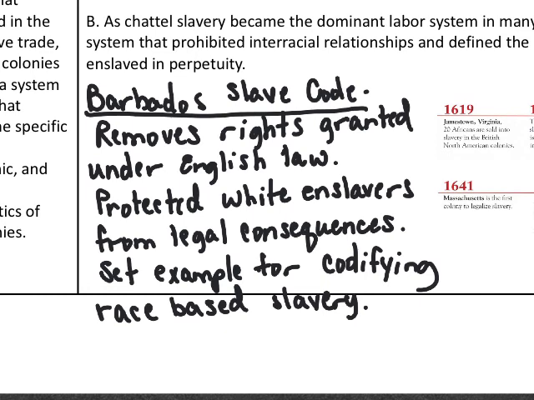So any English citizen had rights under the English Bill of Rights. And the Barbados Slave Code removed rights of Africans under English law and further protected white enslavers from legal consequences of rape, of murder, of torture, of assault. And it sets the example for how to codify race-based slavery.